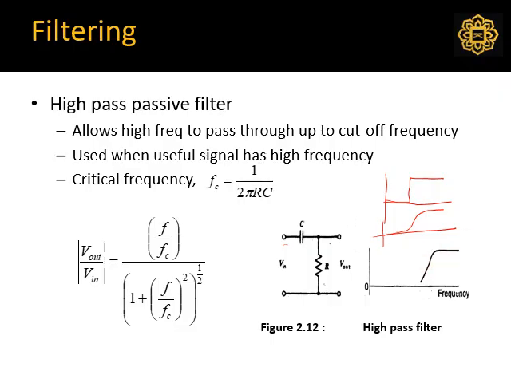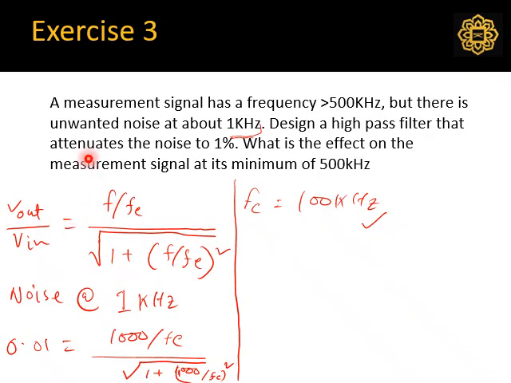Now, when you have a high-pass filter, another example is this. A measurement signal has a frequency that is higher than 500 kilohertz. So you want to measure a frequency higher than 500 kilohertz, and you have an unwanted noise at 1 kilohertz. Design a high-pass filter that will attenuate this 1 kilohertz to 1%. Meaning to say you have a 0.01 value of V out by V in. So again, do the same thing, find out the fc.